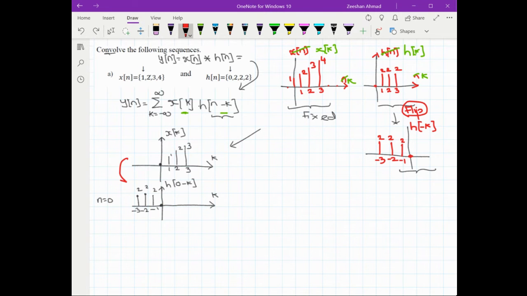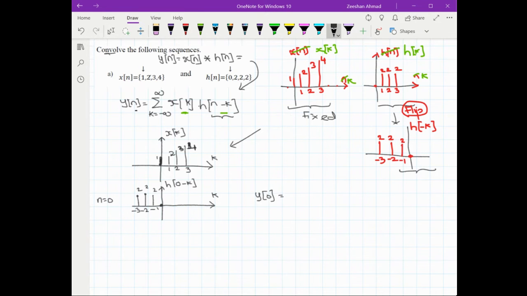Again, I may make a small mistake, but please point out my mistakes here. It's like at 0 I have 1. At 1 I have 2. At 2 I have 3. At 3 I have 4 here. Okay. But still y of 0.